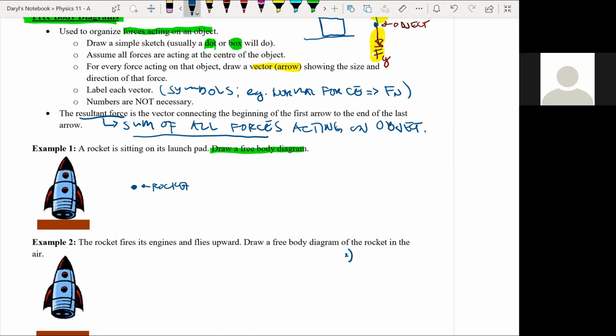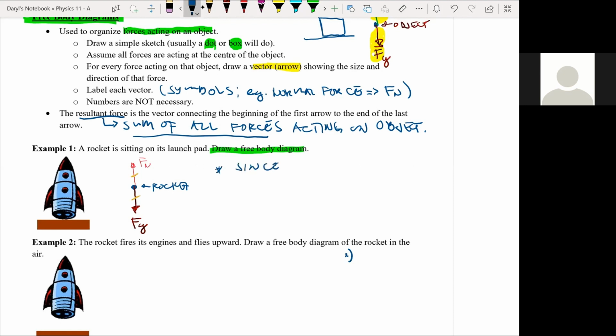This object is acted upon by gravity, Fg. And what else? It's lying on top of a surface, so there must be a normal force. Since this is not moving, you can assume that the magnitude of the normal force is equivalent to the magnitude of Fg.